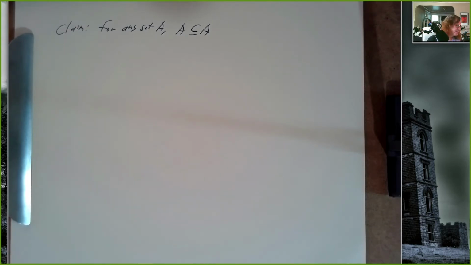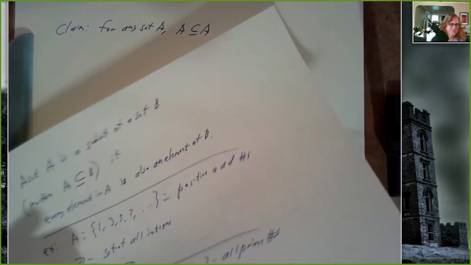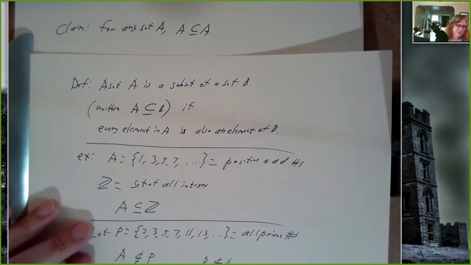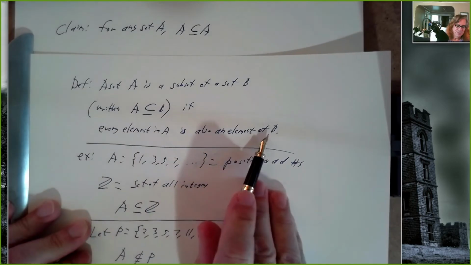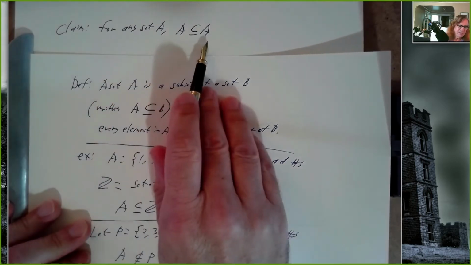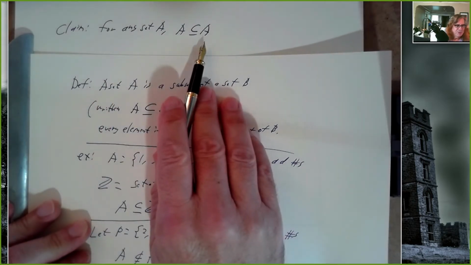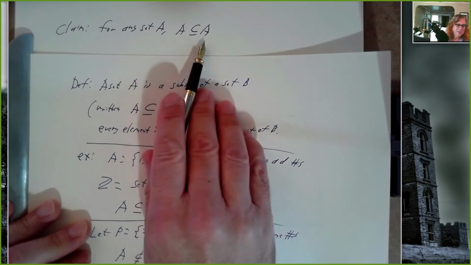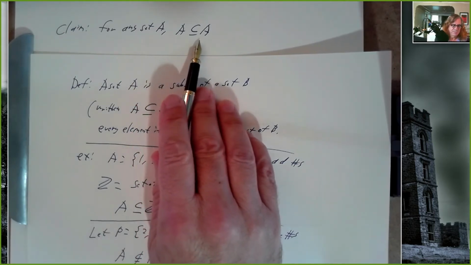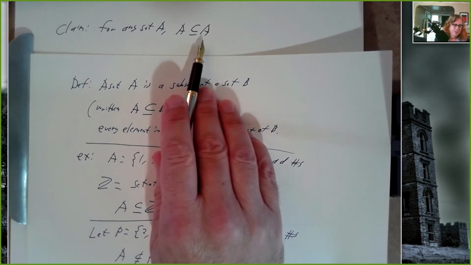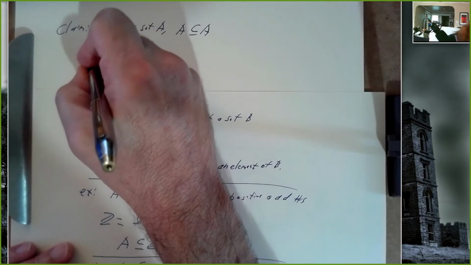And it almost comes directly from the definition, right? A is a subset of B if every element in A is also an element of B. Well, if we say A is a subset of A, all we have to prove is that any element of A is also an element of A. Well, that's kind of gotta be true, right? But we could make this a little bit of a formal proof.